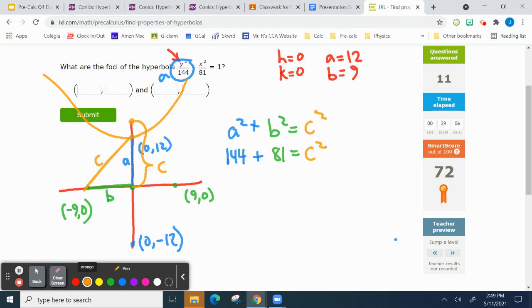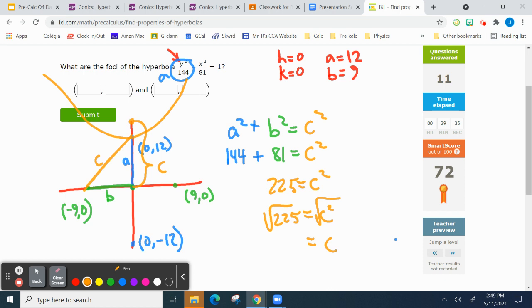So we're going to go 144 plus 81 is going to equal 225. So then we're going to get 225 equals c squared. And then we're going to go the square root of 225. And I'm just doing this long ways so you can see it. Square root of c squared is just c, and the square root of 225 is what? 25, right?